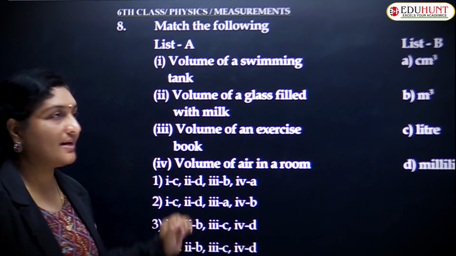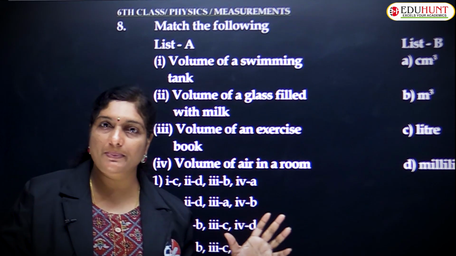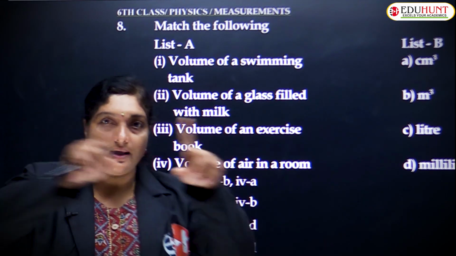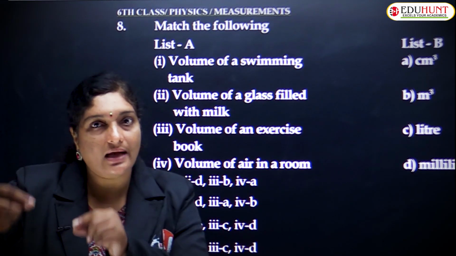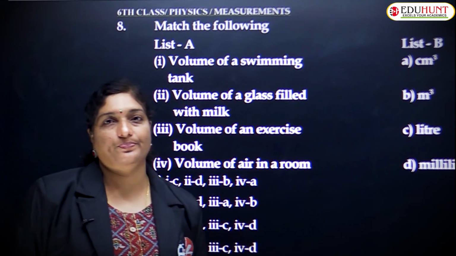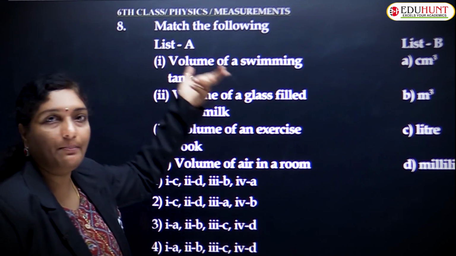Volume of a swimming tank. How big is the swimming tank? You people, you know swimming? Okay, let us say. Now imagine how big the swimming tank will be. Will you measure the swimming tank in centimeter cube or meter cube? Of course, meter cube. So the volume of a swimming tank is measured in meter cube.